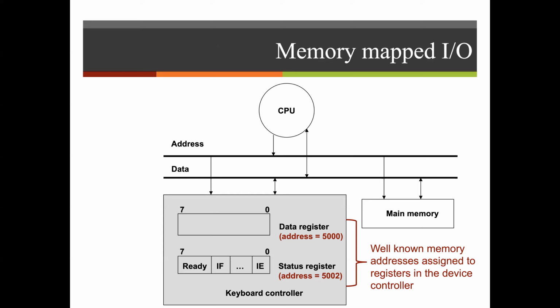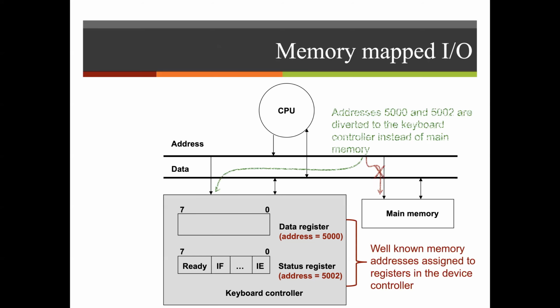And so with knowing the addresses for those registers, we can use the same load and store instructions to manipulate them. So this allows for us to use memory mapped IO to provide for interaction between the processor and appropriate device controllers without any change to the processor state.